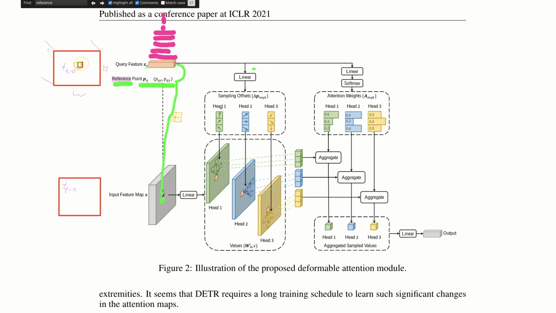And around that point, they have these sampled offsets and do then this deformable attention. So for each of these queries, they get a reference point, and around the reference point, they do deformable attention, and at the end, they get a feature vector.